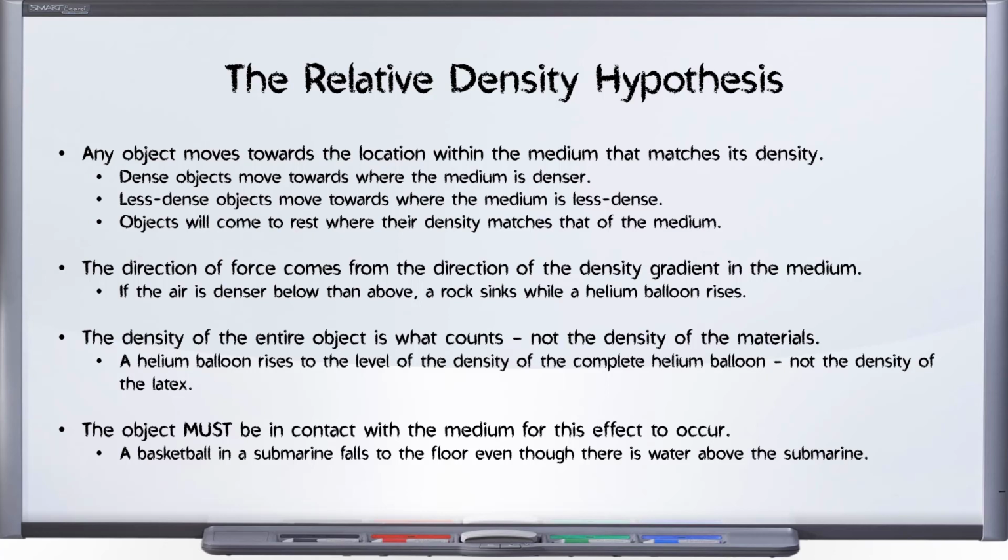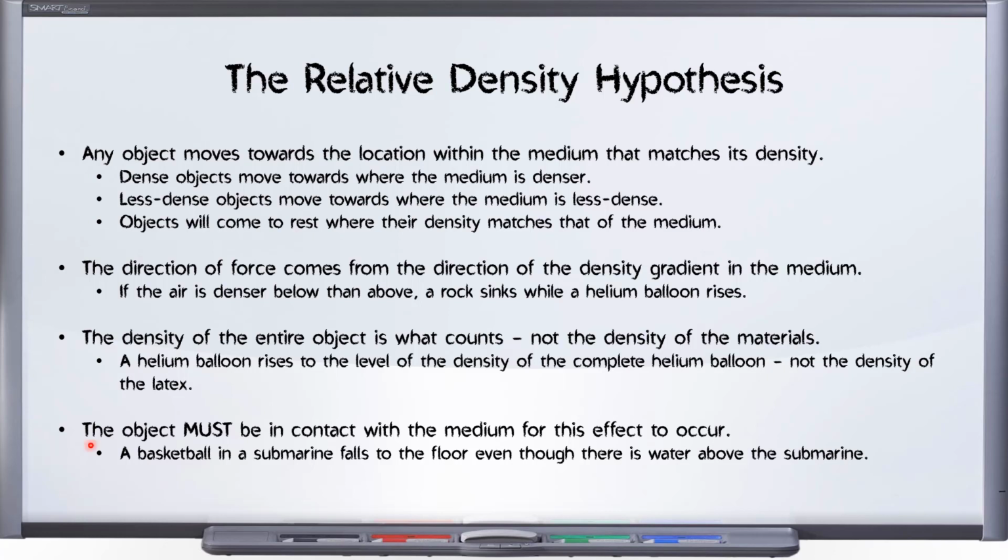The density of latex is certainly greater than the density of air, but the complete helium balloon, consisting of both latex and helium, is less dense than the medium of air, and therefore it is driven to the location of matching density, which is up in a typical gradient.